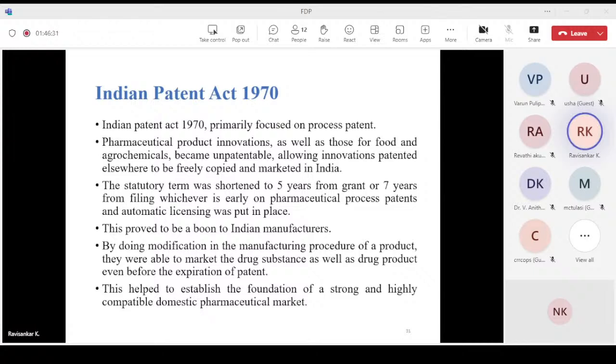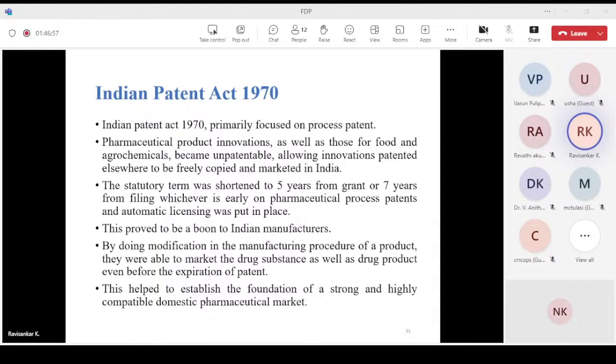So the 1970 Act primarily focused on process patents. Even though the drug is not patentable as such, the process for preparing the drug can be patentable. So pharmaceutical product innovations, as well as those for food and agrochemicals, became unpatentable, allowing innovations patented elsewhere to be freely copied and marketed in India. As I said earlier, patents are territorial rights.